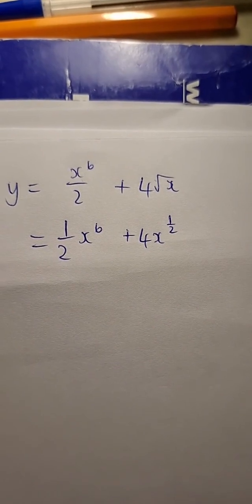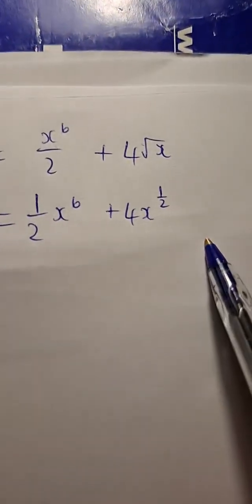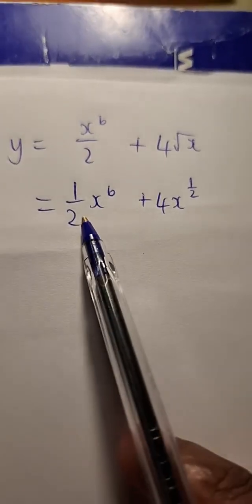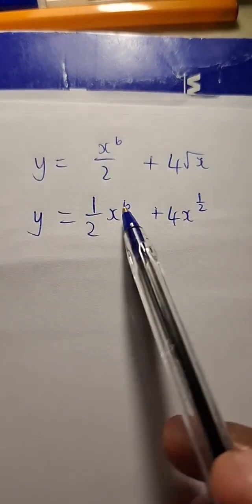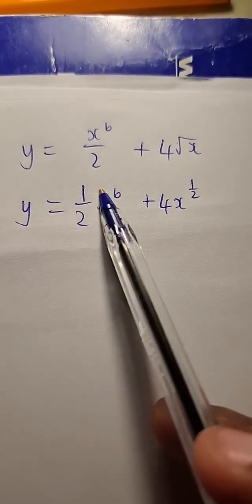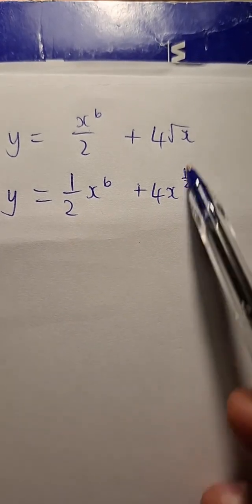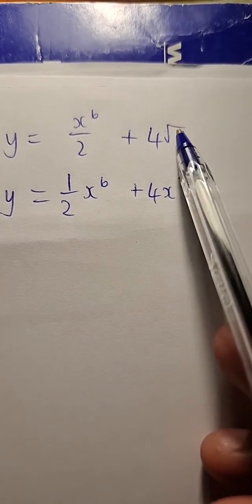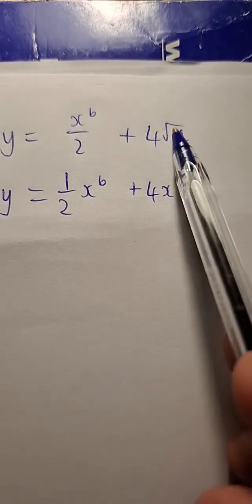Do you see how smoothly I was able to do that? Before I differentiate with respect to x, all variables must be in the numerator, coefficients distinct and defined, and any roots converted to exponential form. Now I'm ready to differentiate.